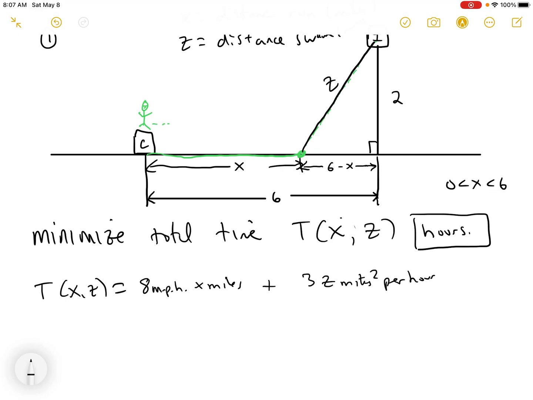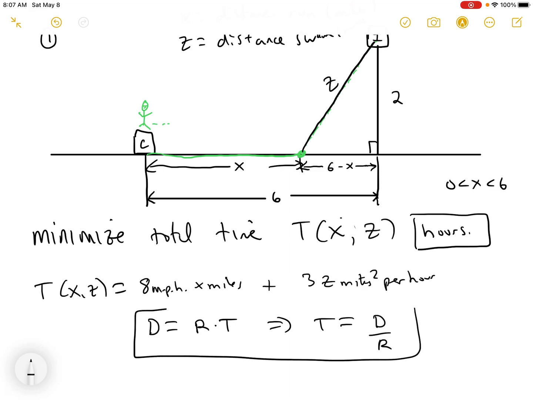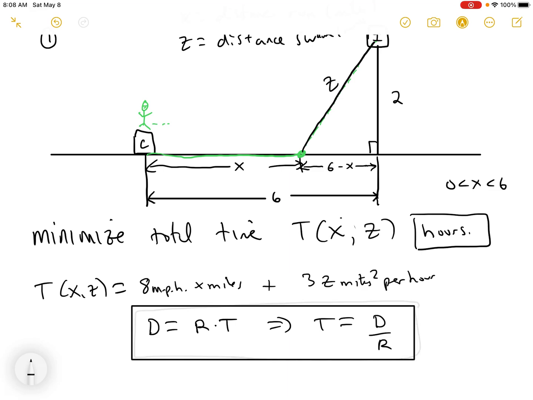Remember, the distance traveled is your rate times time, and we want time. So time is distance over the rate. Okay, we want time units.